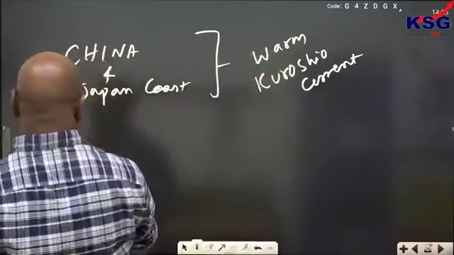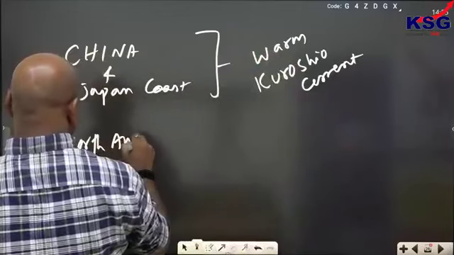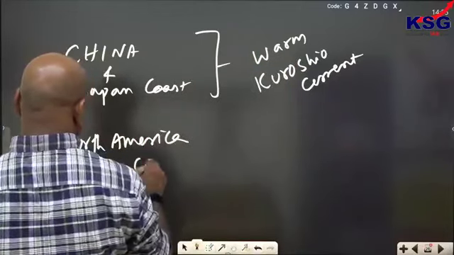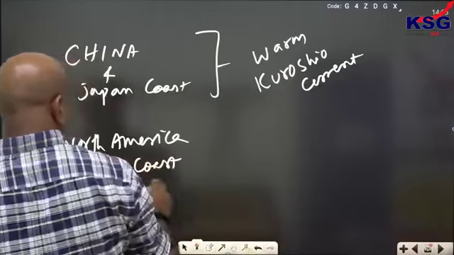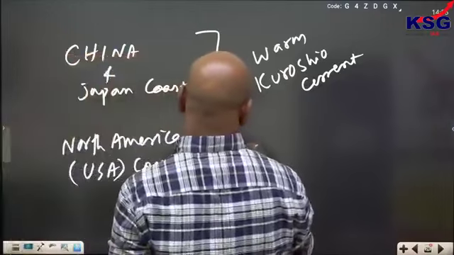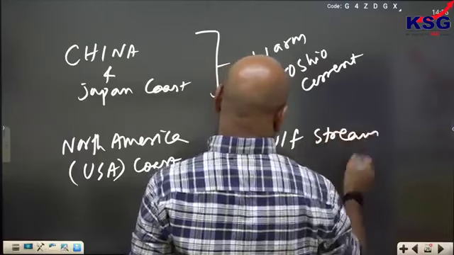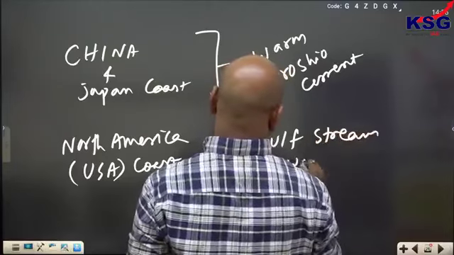In North America, on the USA coast, here it is, the Gulf Stream. There is a warm Gulf Stream here.